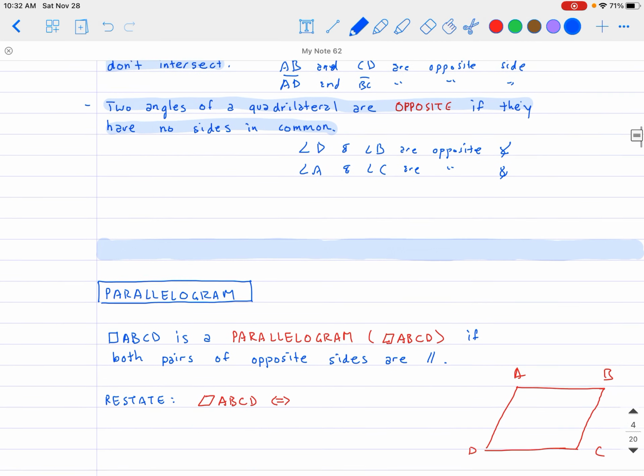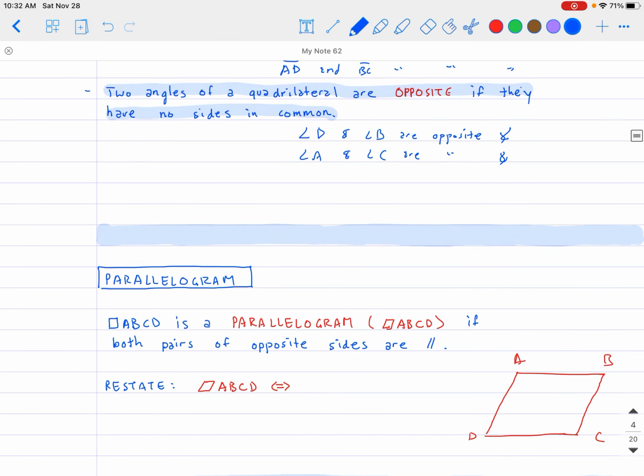All right, so now let's delve a little bit more specifically into the different types of quadrilaterals that you're going to run into. The first one that we're going to talk about is something called a parallelogram. Now we're going to define it with a formal definition, so that we can work with it.